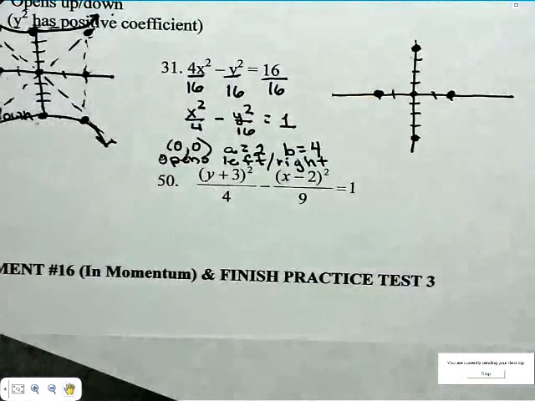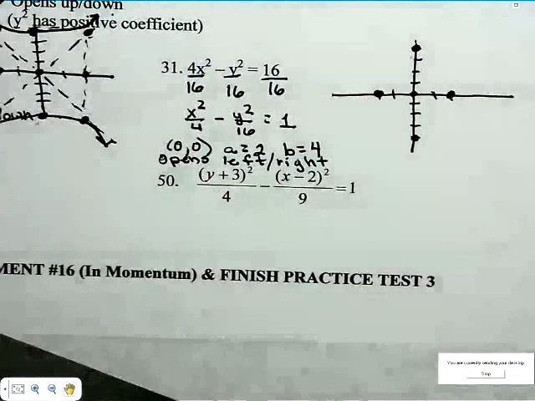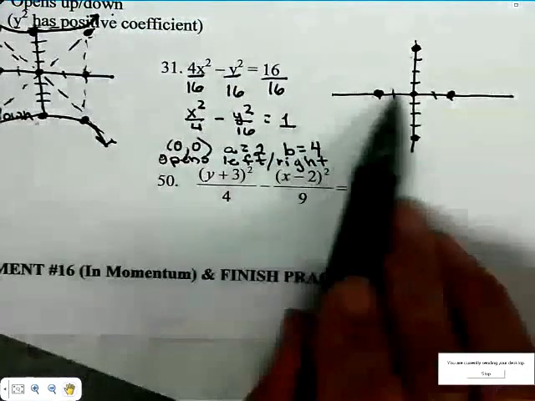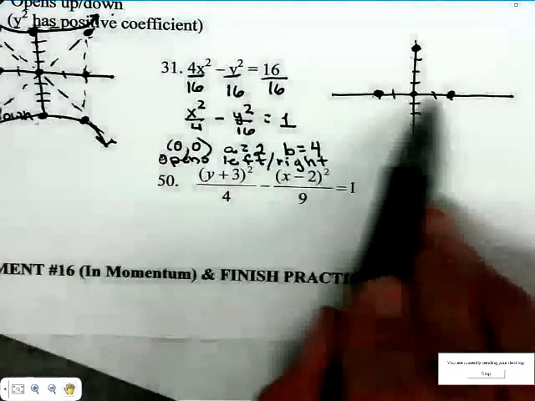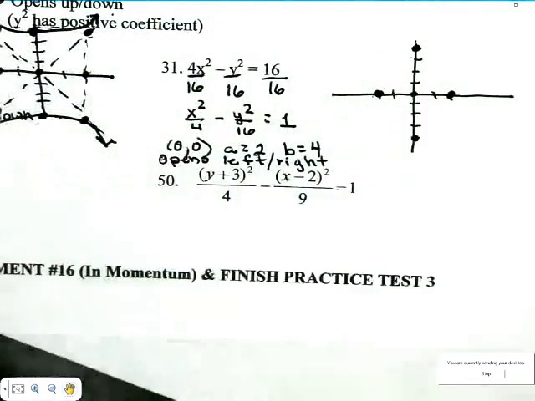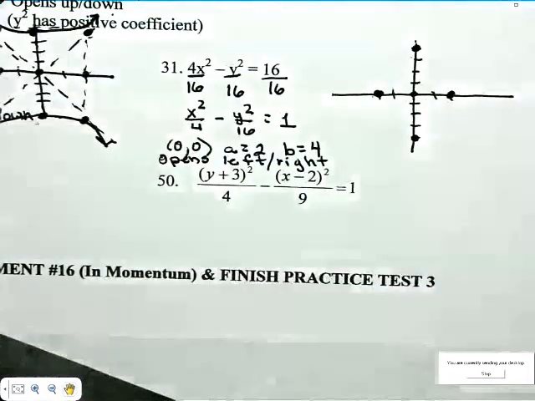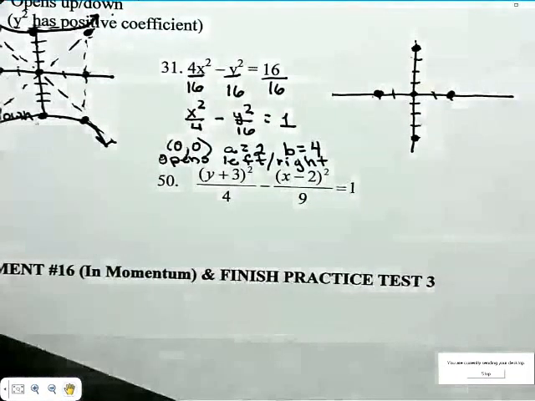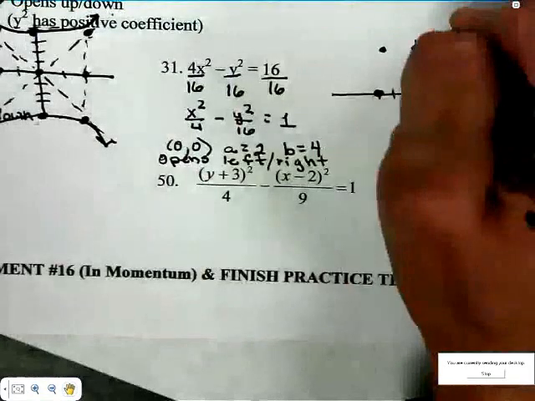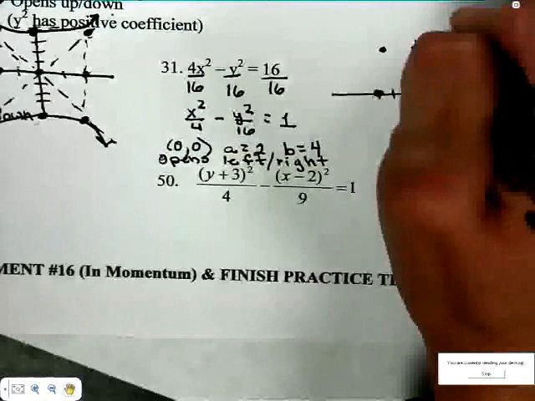I need the corners of the fundamental rectangle. The rectangle that's 4 units wide and 8 units tall and has the center 0, 0. Can you see where those corners would be? 2, 4, negative 2, 4.